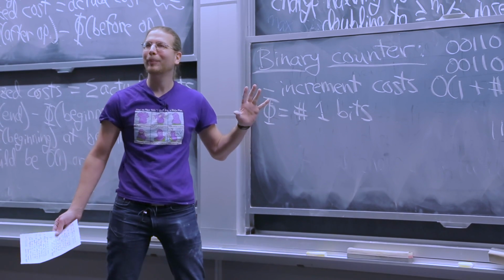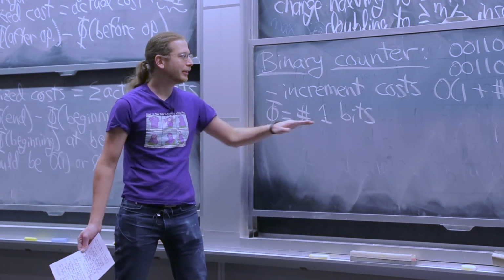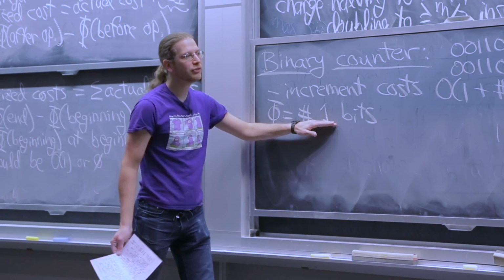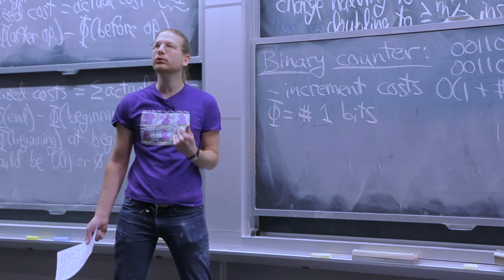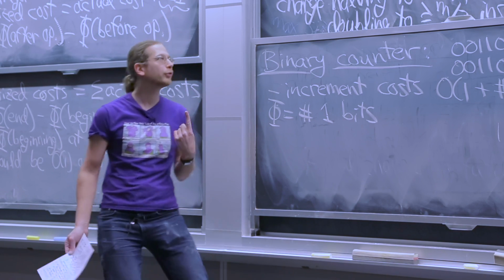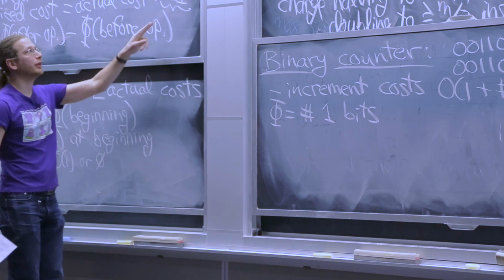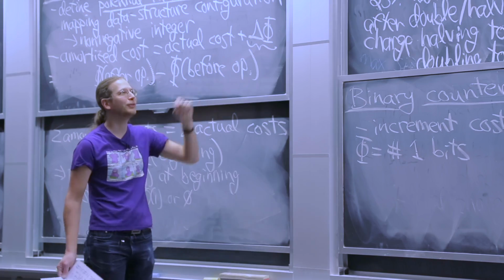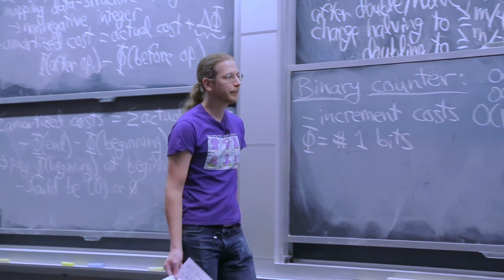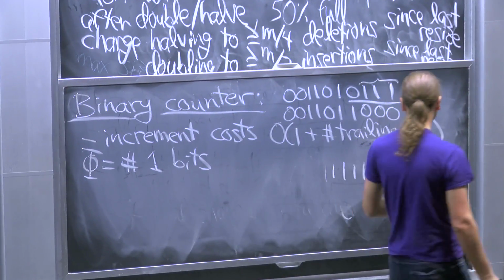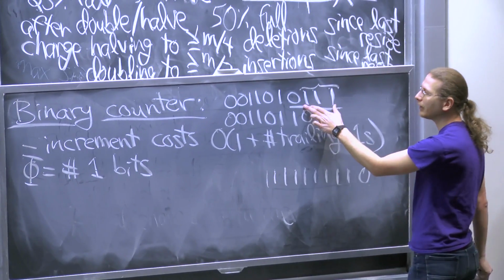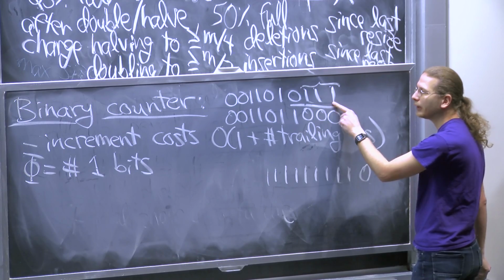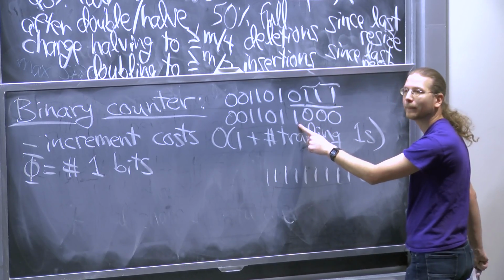Intuitively, 1s are bad. And this is a good definition because when I increment, I only create one 1 bit. So I'm not going to have this issue that delta phi is really large, because even in this scenario, if I increment, I only add one 1. In this scenario, I destroy three 1s and add one.